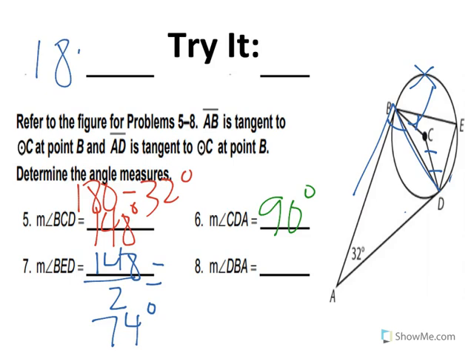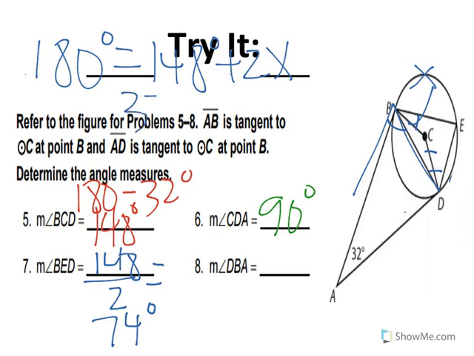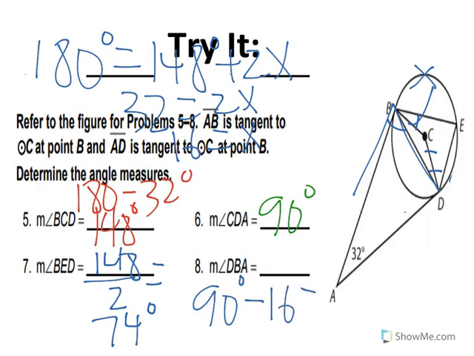So 180 equals 148 plus 2x. Then 180 minus 148 gives us 32 equals 2x. So x is 16 degrees. So for DBA we take 90 minus 16, which gives us 74 degrees.